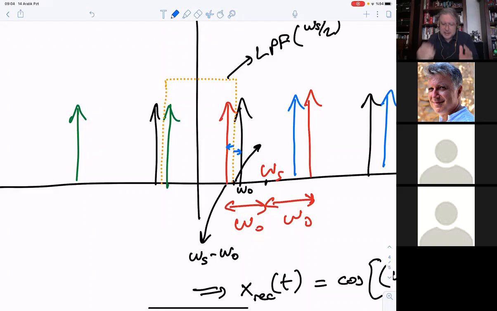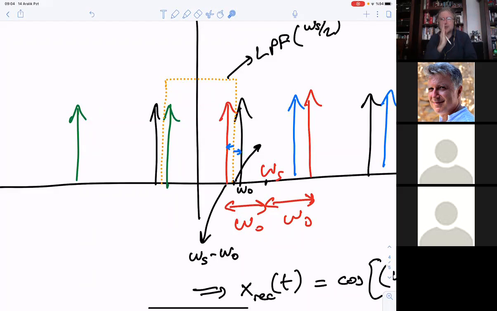the red and green signals I'm talking about here are not at omega 0, but at the folded frequency. If omega 0 is even larger than that, then its folding will be even at smaller frequencies.